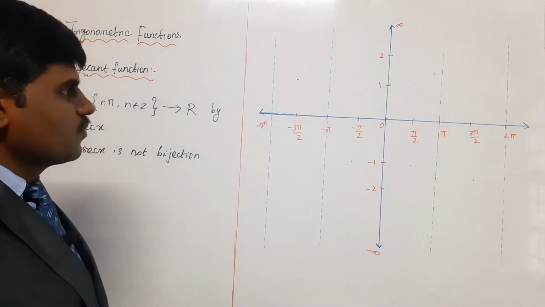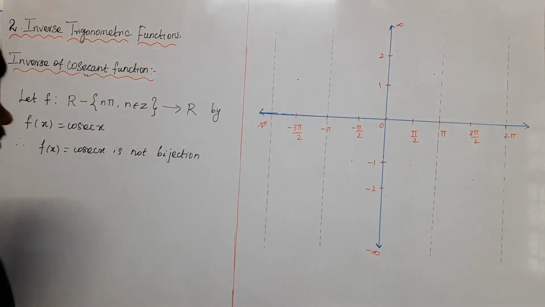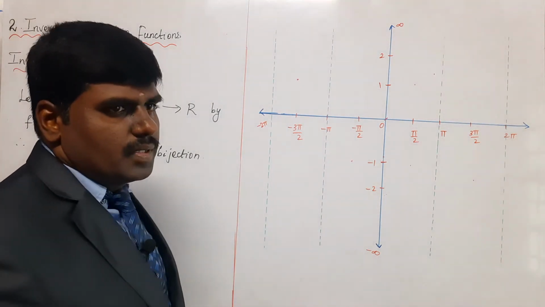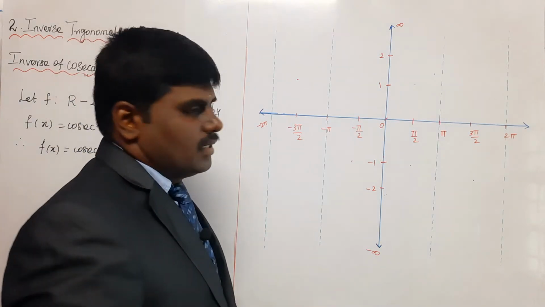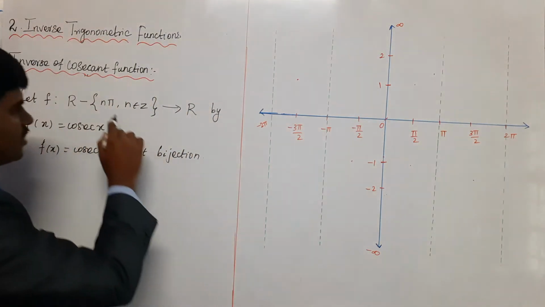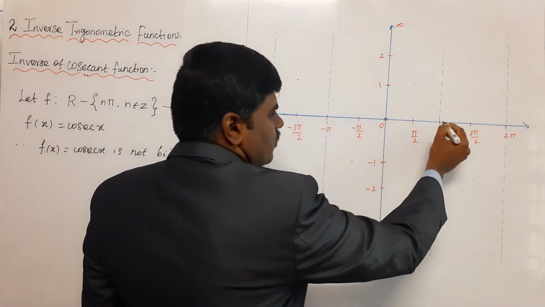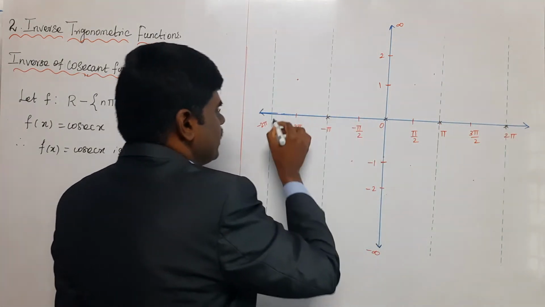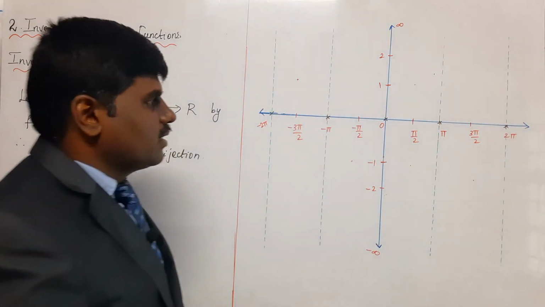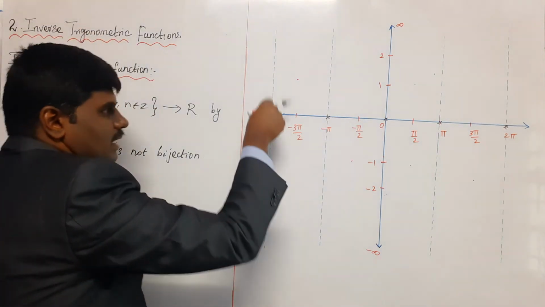Now think about the cosecant x curve. Consider cosecant 0, pi by 2, pi. The cosecant curve does not touch the values at 0, pi, 2 pi, and minus pi, minus 2 pi; at these points the cosecant value does not exist, so I draw a dotted green line.